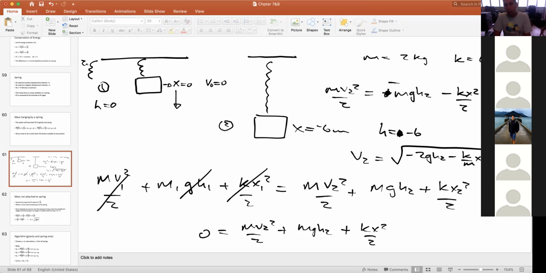Oh, this is not going to be good. I don't want to do that because I end up with a negative inside the root. Kx is going to be positive because we're going that way and the force is going to push up the other way.